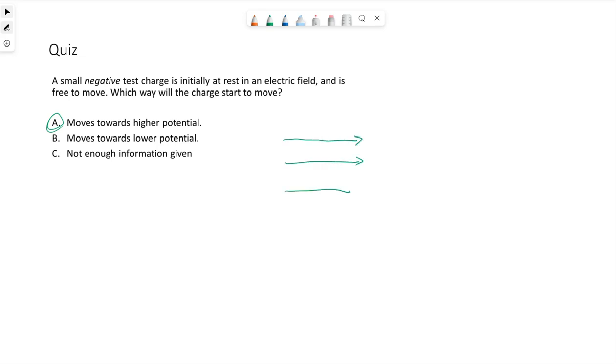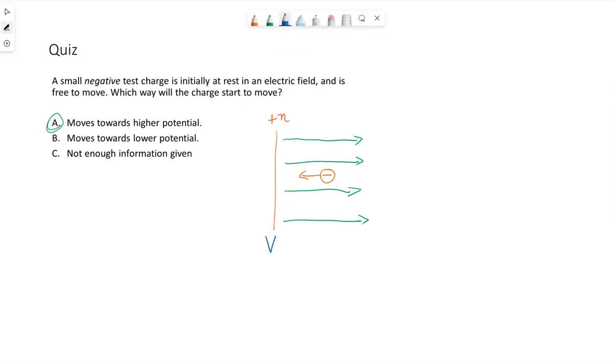If we have our electric field, and I put a negative charge in here, I know it's going to go this way. It's going to move opposite the electric field because it's attracted to the positively charged plate. Now, as it moves that way, its potential energy will decrease because that potential energy will be turning into kinetic energy. But that's not what these options are talking about. They're talking about potential, not potential energy.